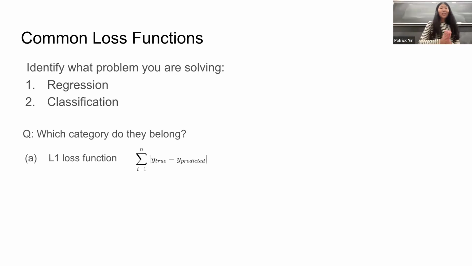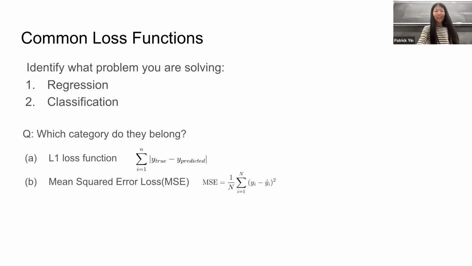All right, since most of you are familiar with PyTorch, I'm going to have more questions for you. I'm going to list several common loss functions and ask you what problems they're trying to solve. First is L1 loss. Is it regression? Nice. What about mean square error?